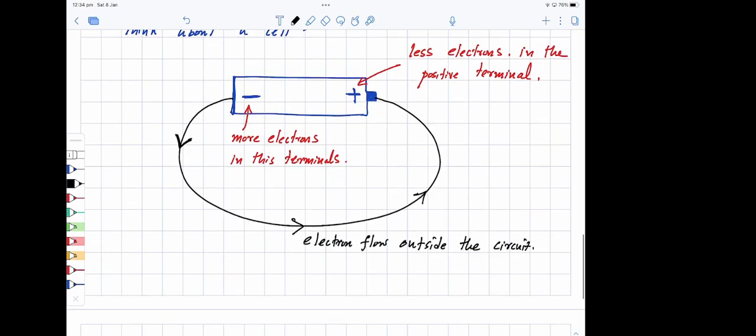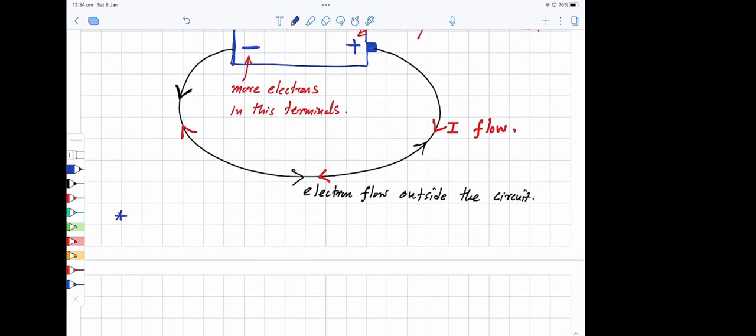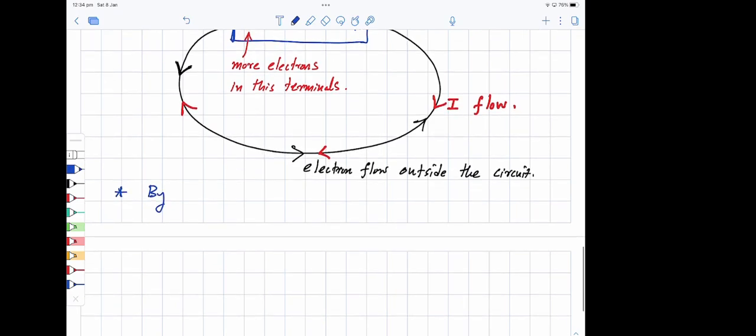So we define current to be the other way around. This is current, I flow, current flow. So what I want to tell you, by definition, this is not my definition, this is a universal definition.